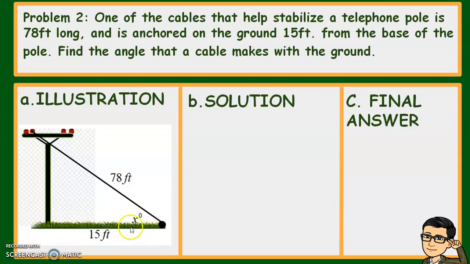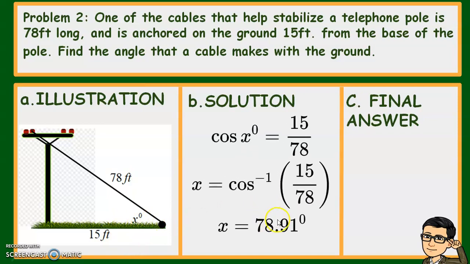We will now solve for the angle that the cable makes with the ground. We represent that as variable x. Based on the given information, we have adjacent over hypotenuse. So what trigonometric ratio will we use? We will use cosine. So we have cosine x degrees, since we don't know the measure of that angle, is equal to 15 over 78.